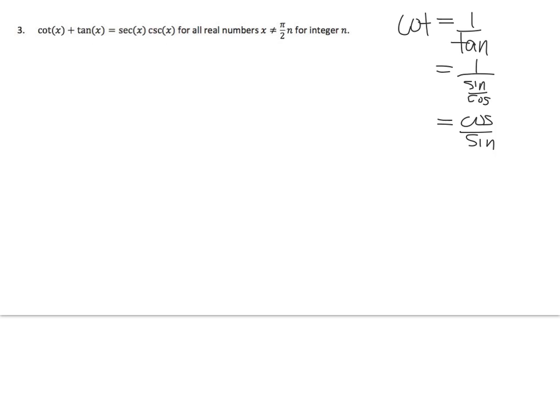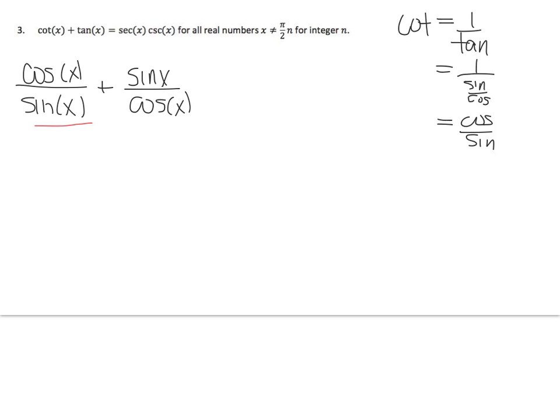Just making little notes here. So I can say cosine x over sine x plus sine x over cosine x, because tan x is sine x over cosine x. I need to get my denominators with the same terms.